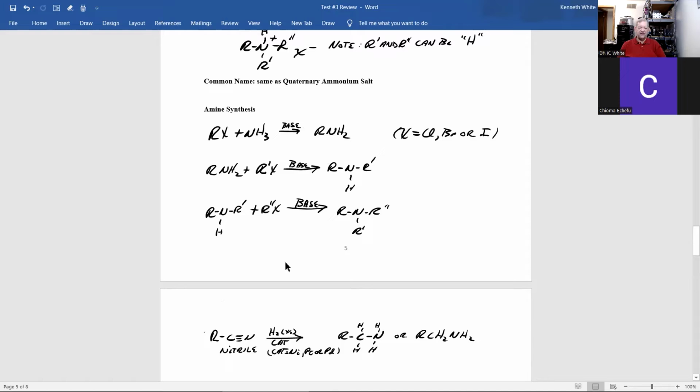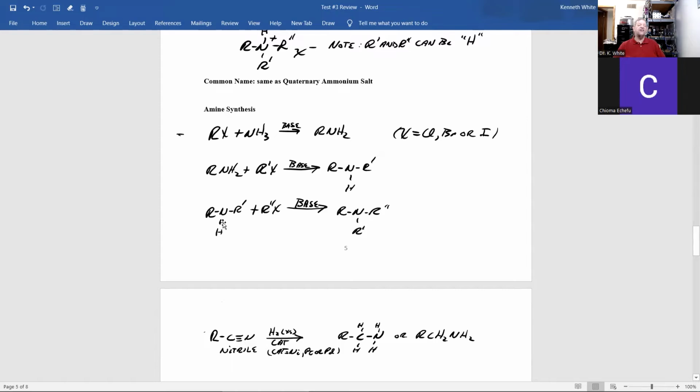Now, how do you make an amine? Well, this is called alkylation of amines, which I won't ask. You can take a primary alkyl halide and ammonia, in the presence of base, to make a primary amine. You can take a primary amine, react with an alkyl halide, and make a secondary amine.